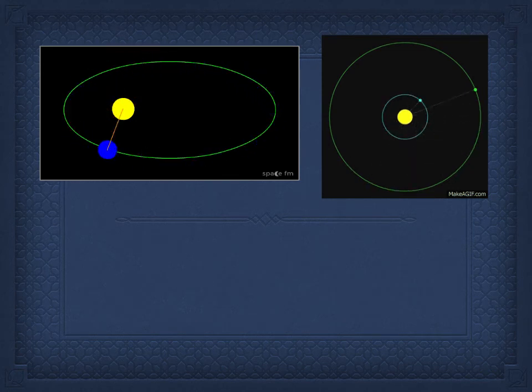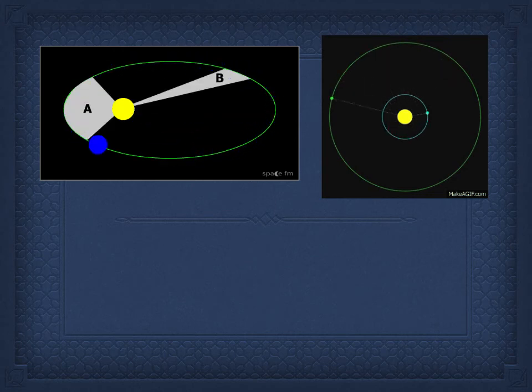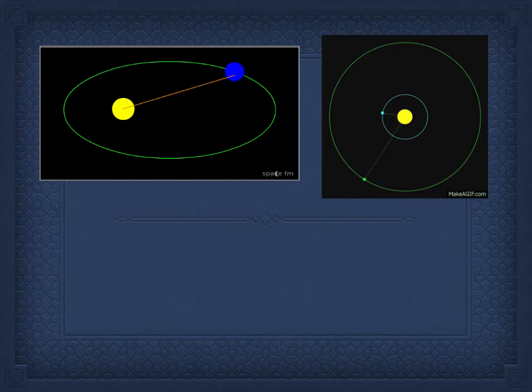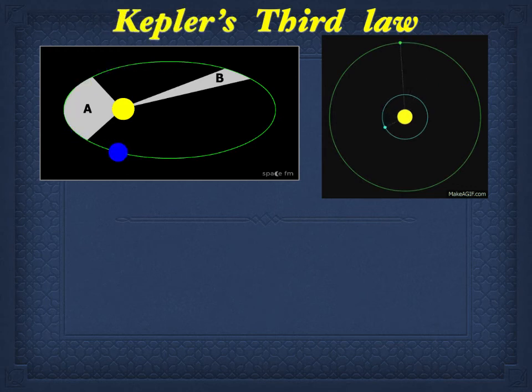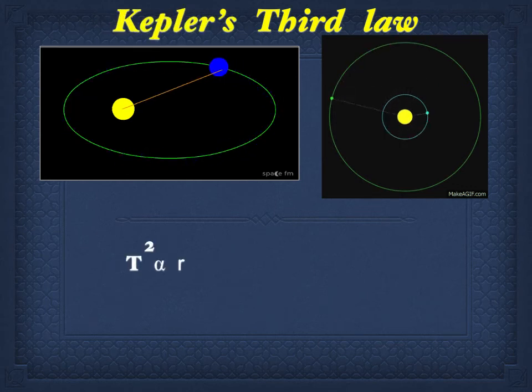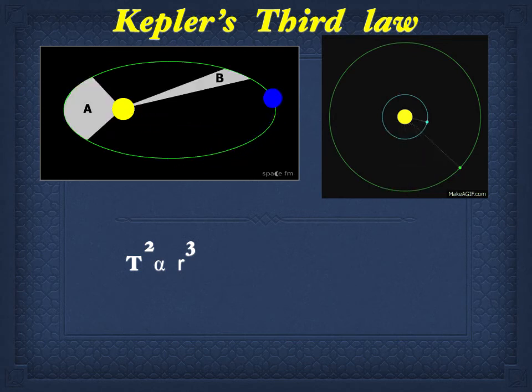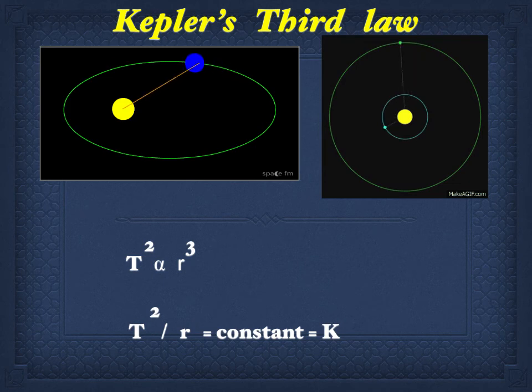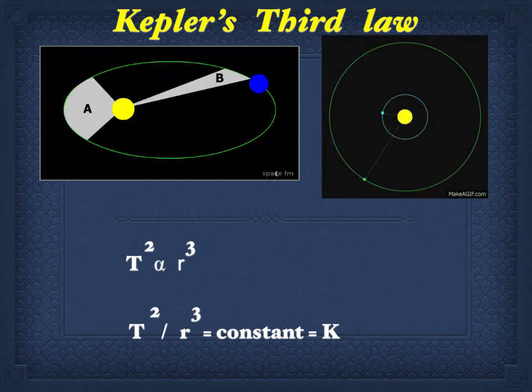When it is far away from the sun, the distance is larger. So the distance will be changing. Now let's denote the average distance as r. Then we can say that t square is directly proportional to r cube. So t square upon r cube is equal to a constant, that is k.